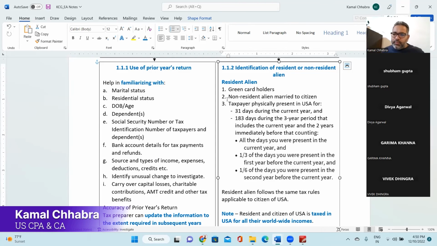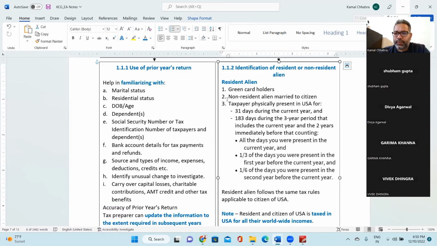Sir, you said if the spouse has visited on non-immigrant visas, then she is a resident alien. No. Married in India. Say that again. Means if she went to America on a work visa or another visa and got married, then she is a resident alien, not if she is married in India. No, Shubham's question was different.